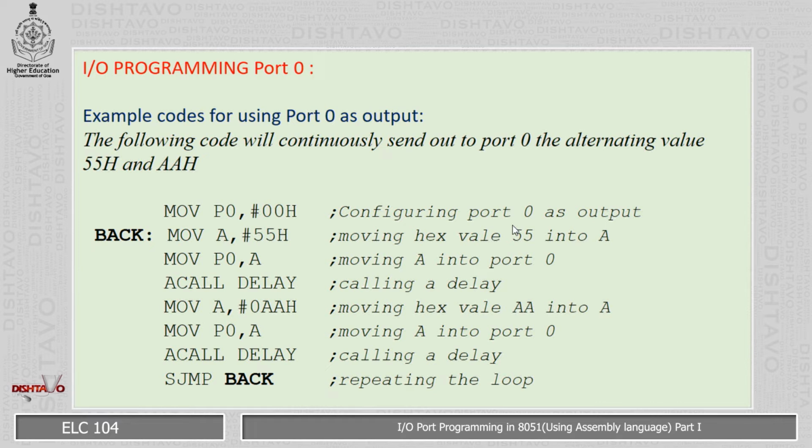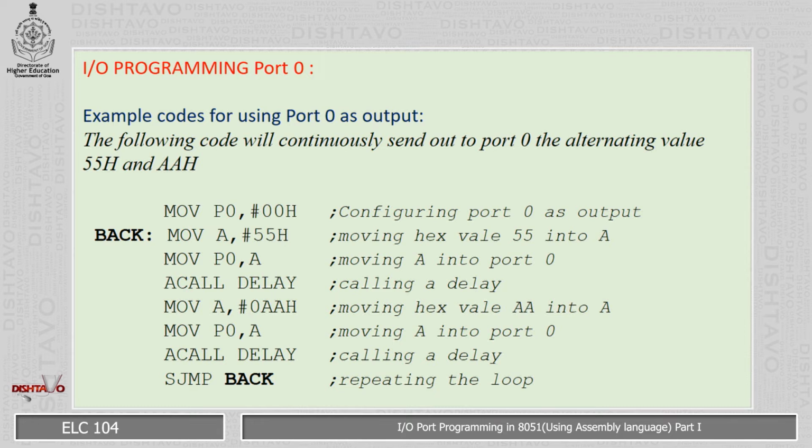First of all, we have configured port 0 as an output port. Next, we are going to put the value of 55 into the accumulator, and from the accumulator I'm moving it into port 0. What type of addressing is this? This is called register addressing, because I'm storing in a register first, and from the register I'm going to put it into a port.